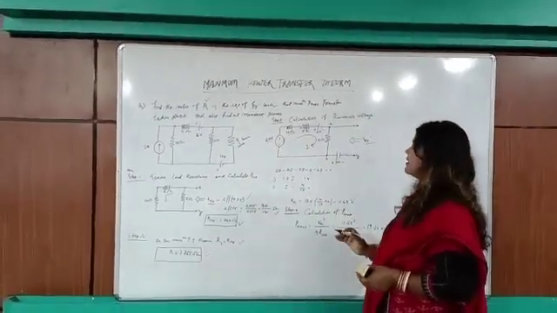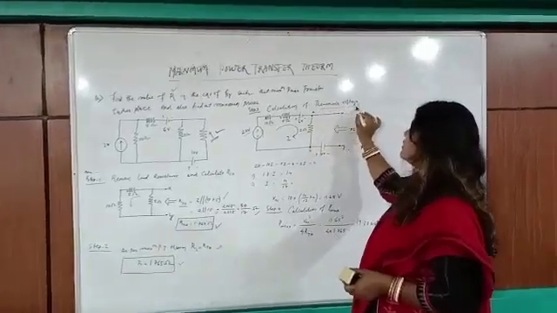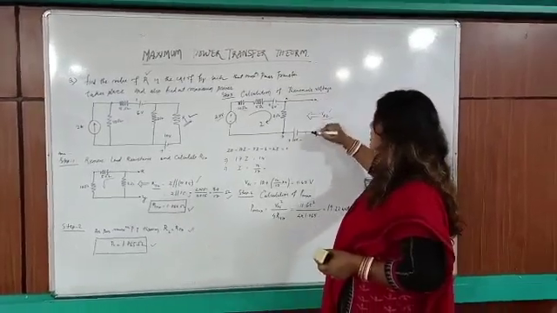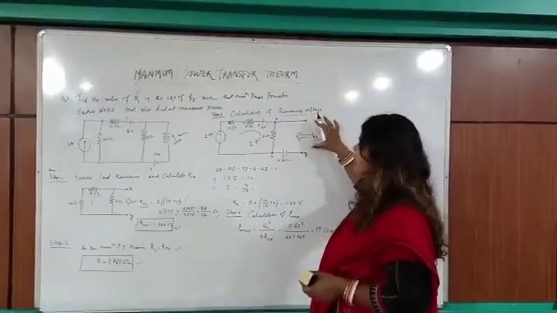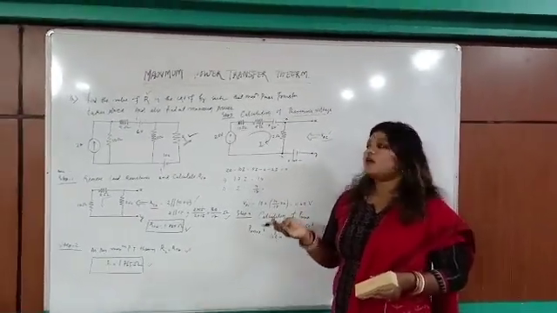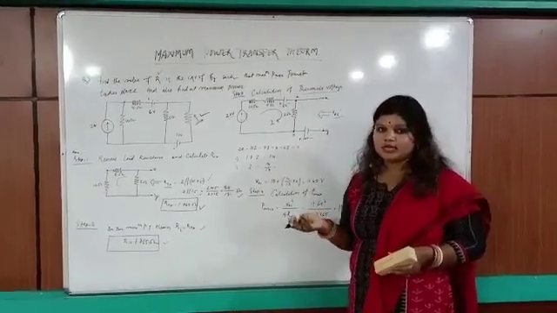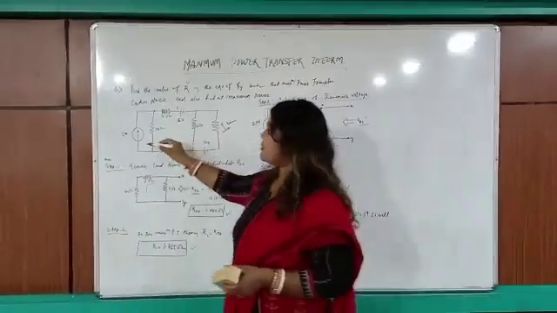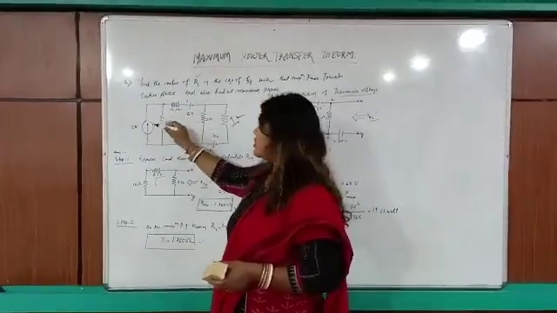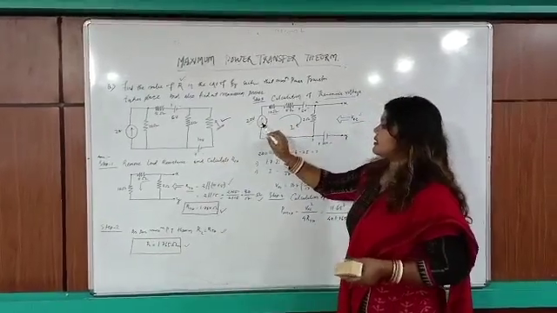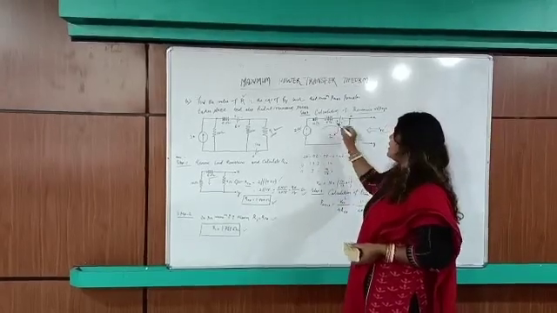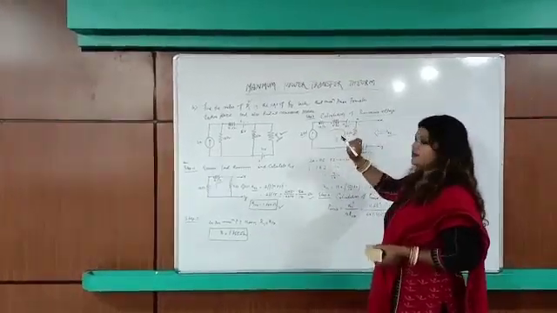Next, step 3 is calculating Thevenin's voltage from the open circuited load terminal. This can be calculated using various methods like nodal analysis, mesh analysis, or source transformation. Here we use source transformation to convert the current source into a voltage source, which becomes 20 volt in series with the same 10 ohm resistance.